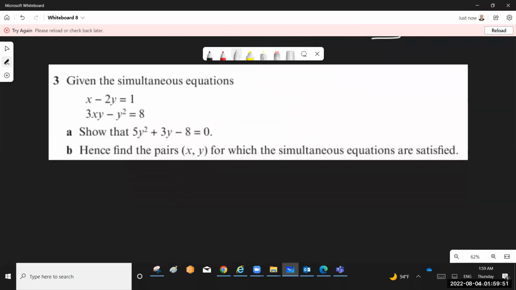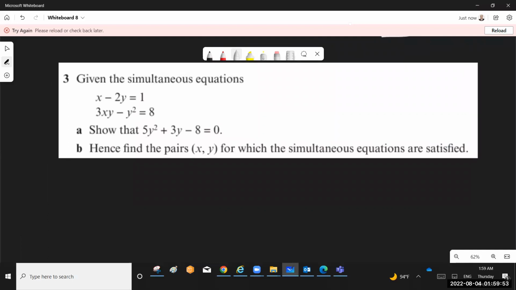Question number 3, given the simultaneous equations, show that 5y squared plus 3y minus 8 equals 0. This equation is in the variable y, so I have to remove x. The variable you want to remove, just make it the subject.